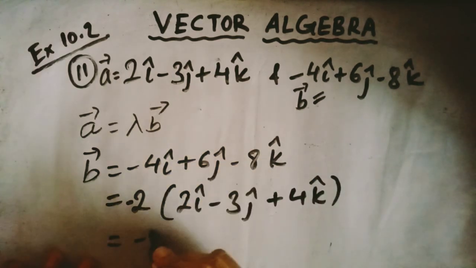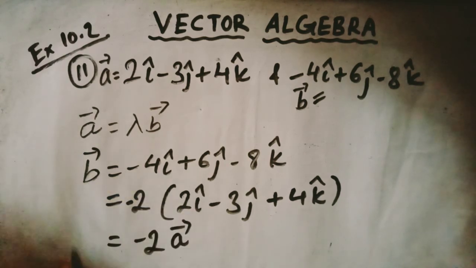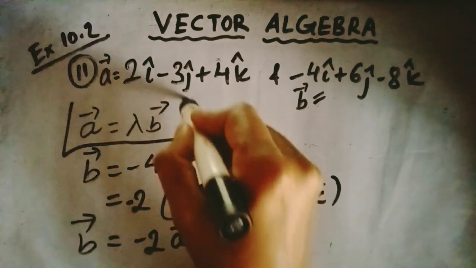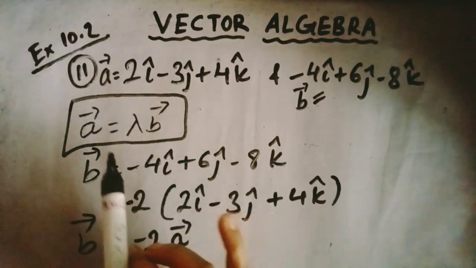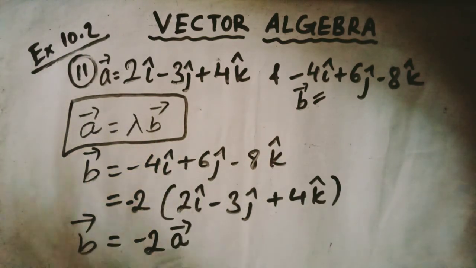So this is minus 2 times a vector, and both vectors are collinear. Keep this in mind: if one vector is expressed as a scalar multiple of another vector, then both vectors are collinear.